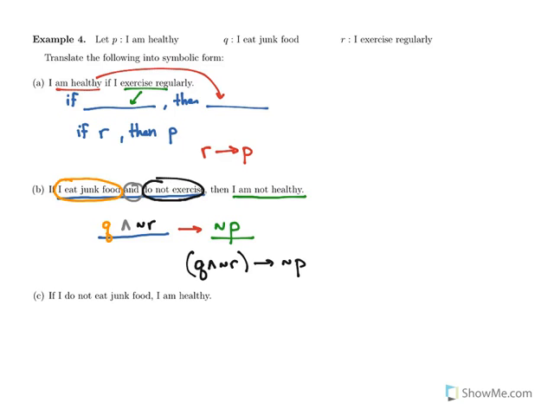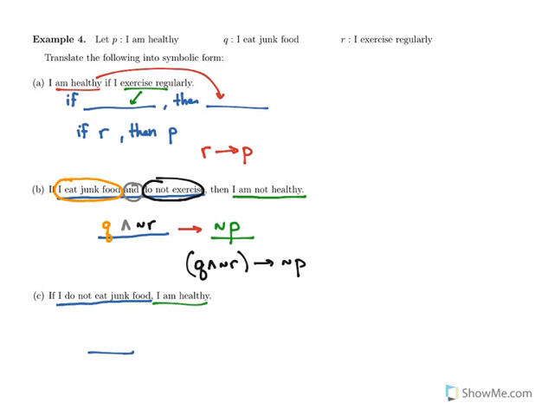Let's do one more. If I do not eat junk food, I am healthy. Note that we don't necessarily need the then in these statements to give this if-then format. It's implied a lot. This is, again, the ambiguity of the English language coming out. So we have, if I do not eat junk food, then I am healthy.